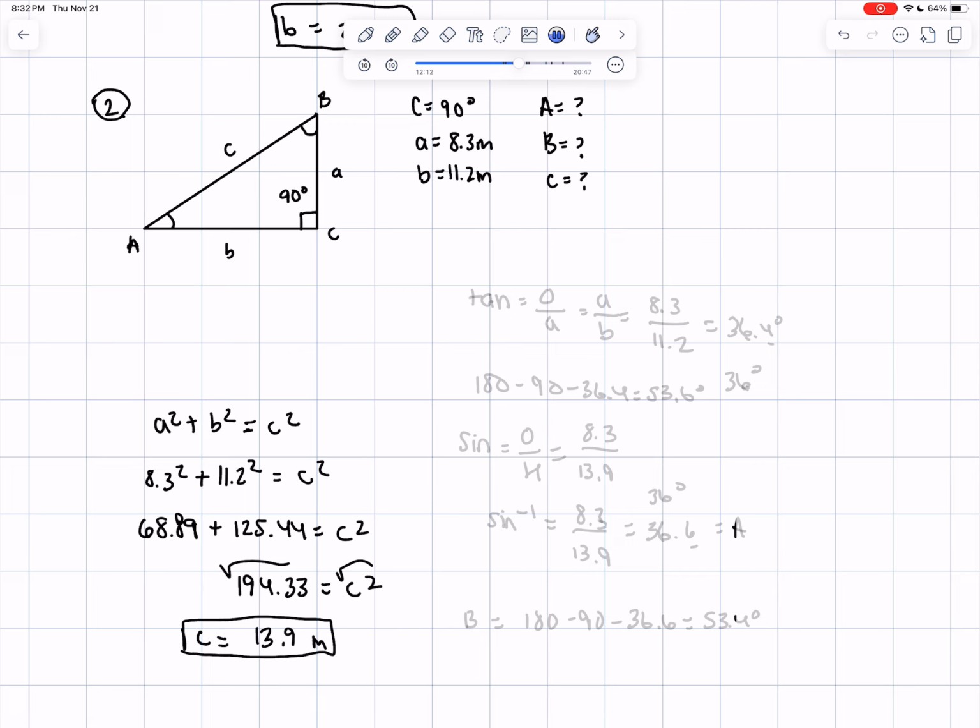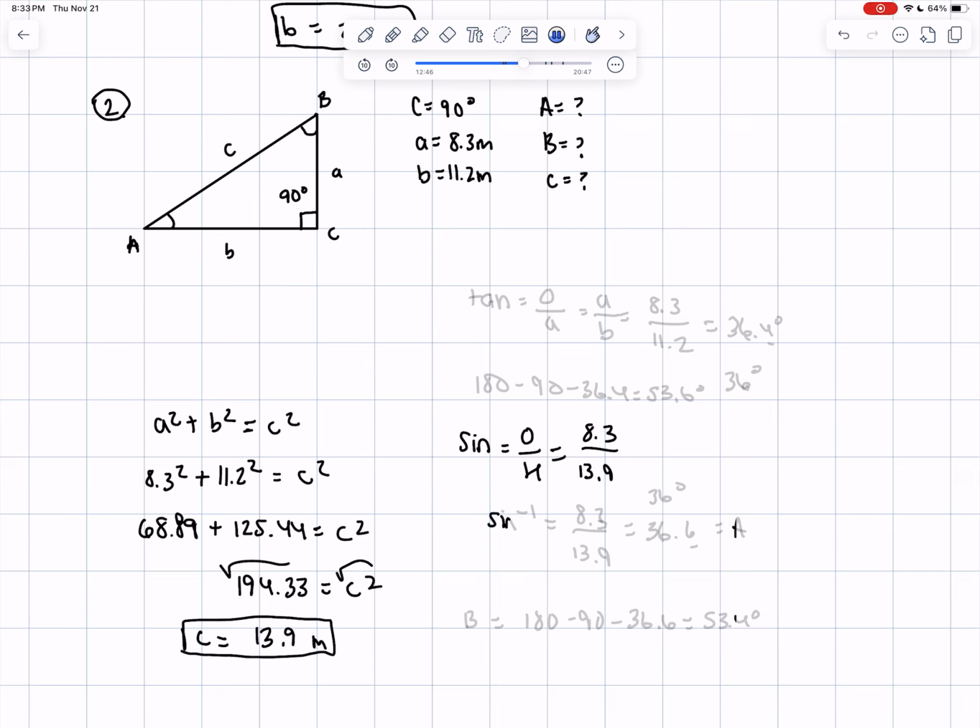So I'm going to choose to do angle A first. So for angle A, the opposite is little a, and the adjacent is little b. Or we could do the opposite over hypotenuse. Let's try that one. So sine of the opposite over the hypotenuse. The opposite is little a, so little a is 8.3. And the hypotenuse is what we just found, 13.9.